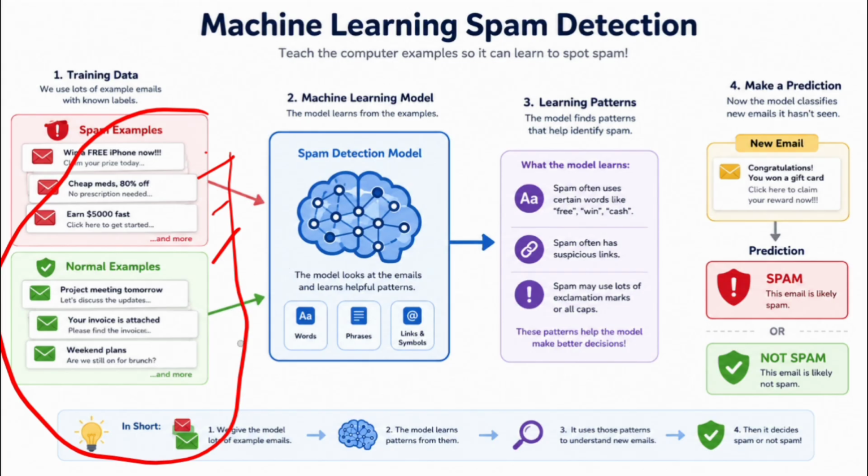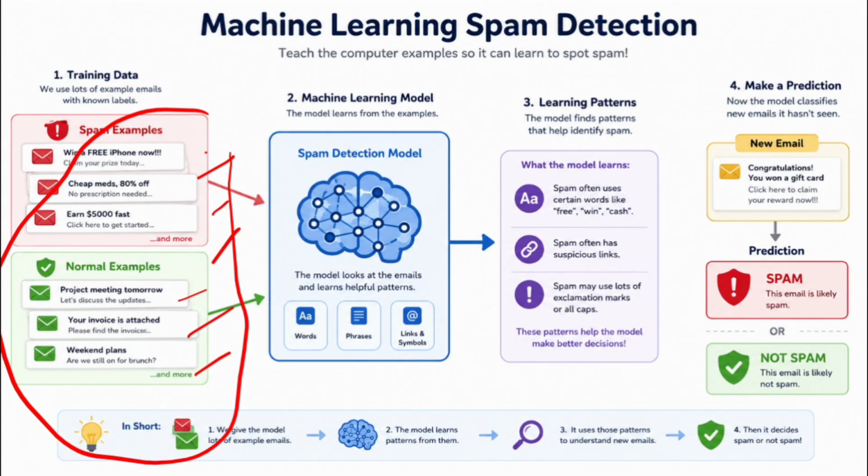They may contain suspicious offers, promise free prizes, include unusual links, or use too many capital letters or exclamation marks, something that is not common or usual. Below them we have marked some emails as normal. One is a project meeting, one is an invoice, one is weekend plans, work messages or messages from friends and families.